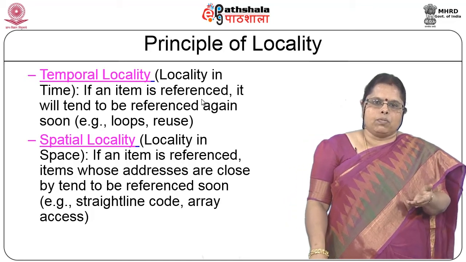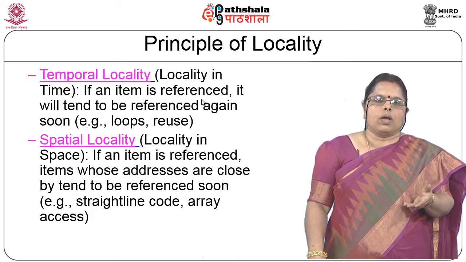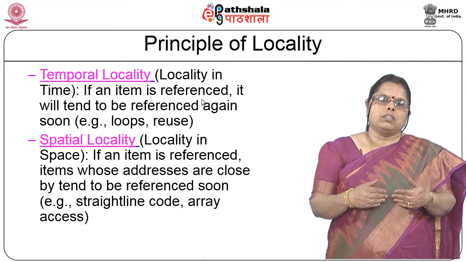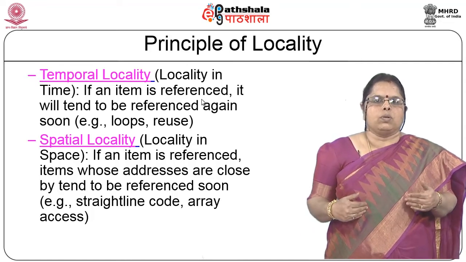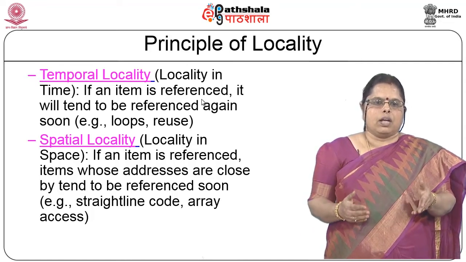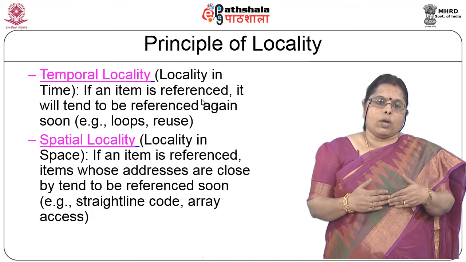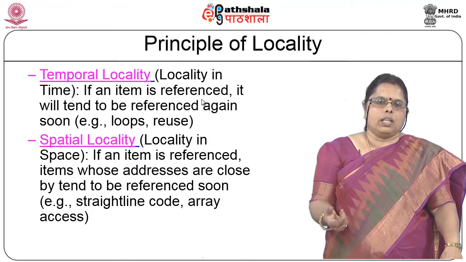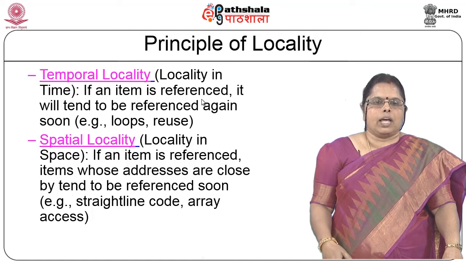The second type is the spatial locality, which is locality in space. In most cases we follow straight-line sequencing of instructions, or straight-line code, and in an array access, one element of the array is accessed now and then the next element is accessed.